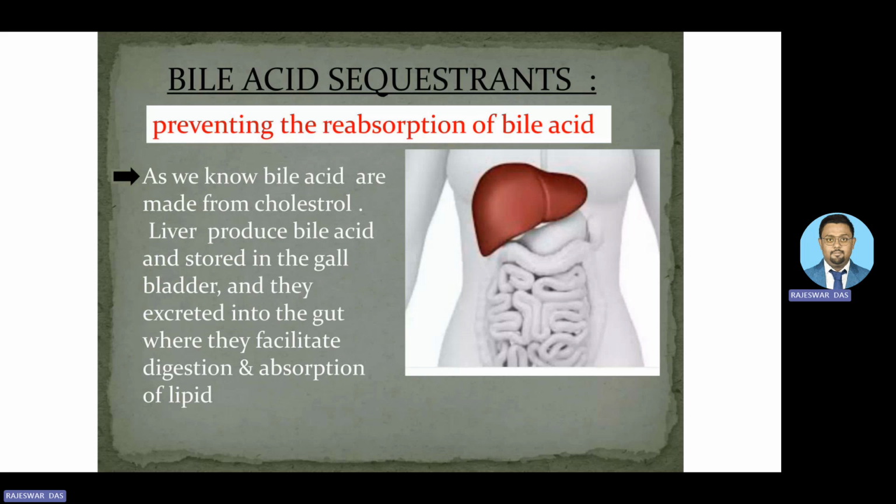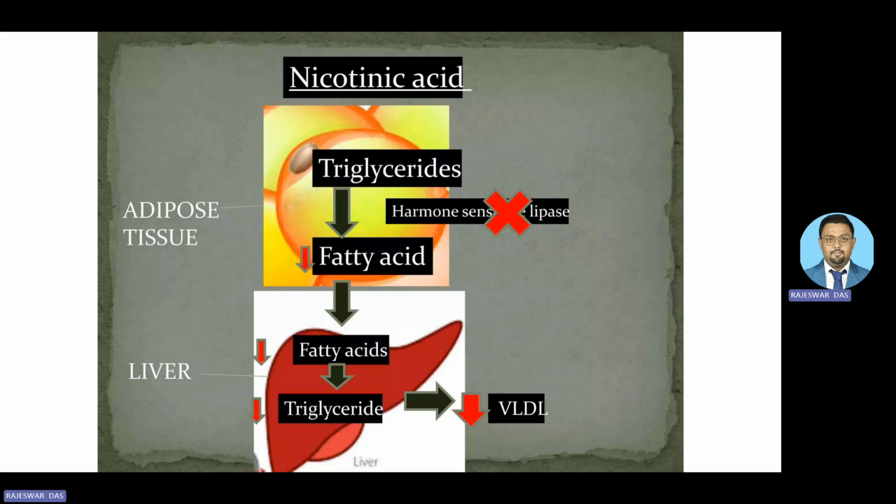Now come to the second class of drug, nicotinic acid. Mainly in the adipose tissue, triglyceride is converted to fatty acid with the help of the hormone sensitive lipase enzyme. This fatty acid comes to the liver and is further converted to triglyceride, and this triglyceride is converted to VLDL, which is very dangerous for us.